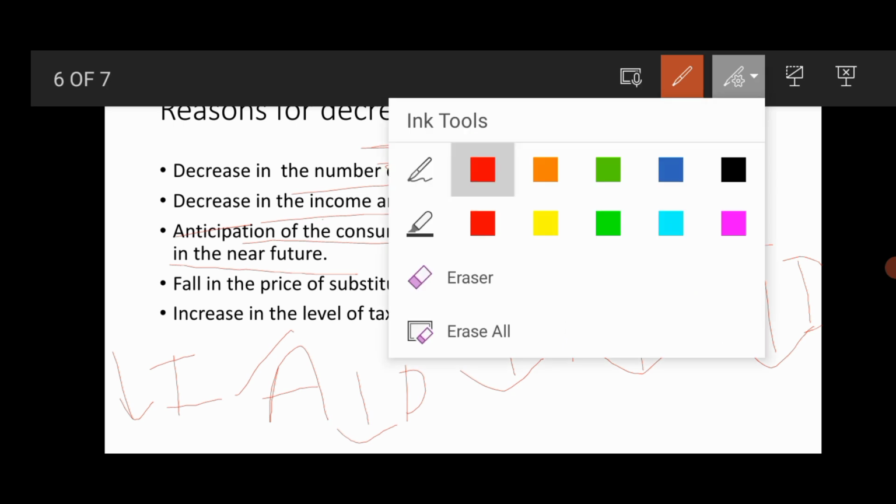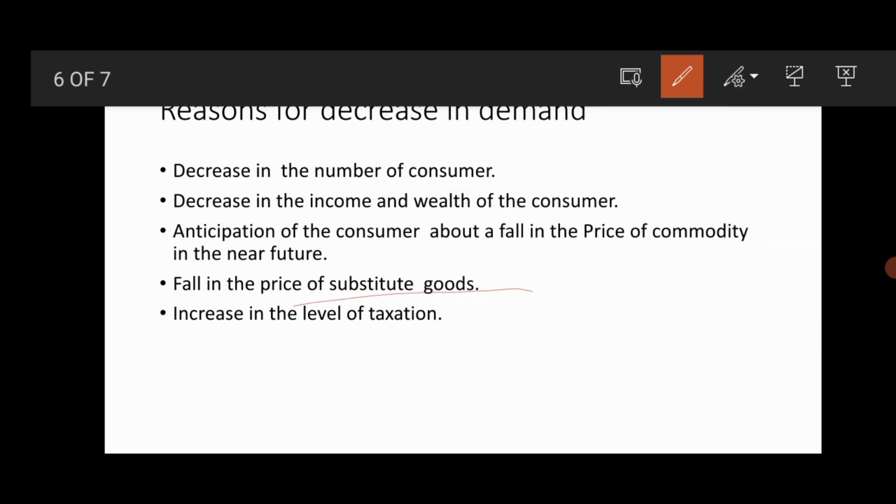Another reason will be fall in the price of a substitute. Take an example that A and B are two goods, they are substitutes, and the price of B good has declined.